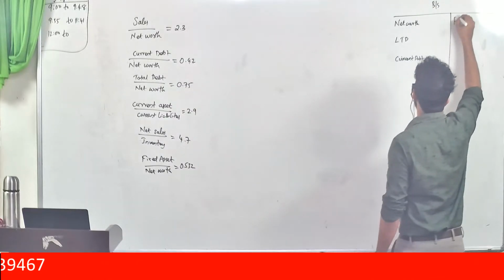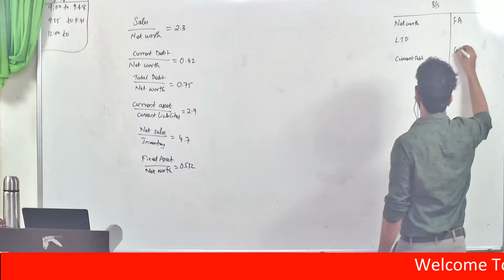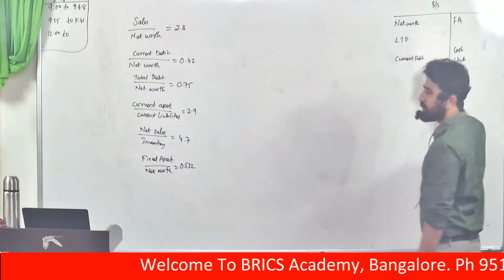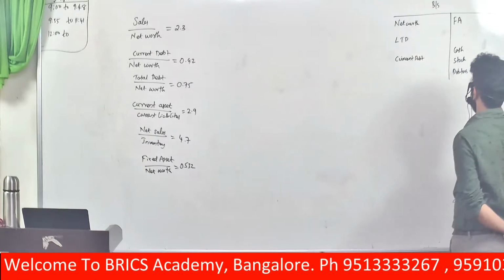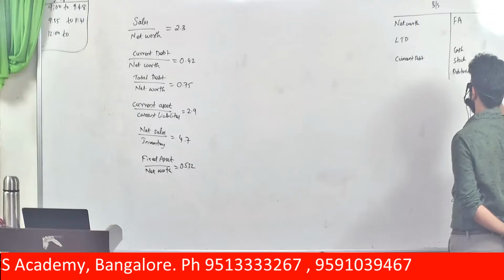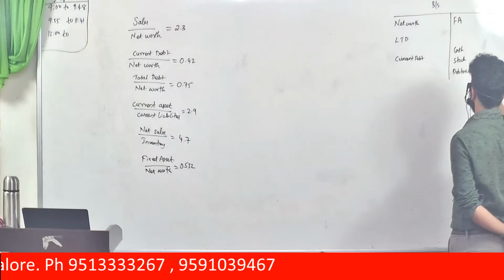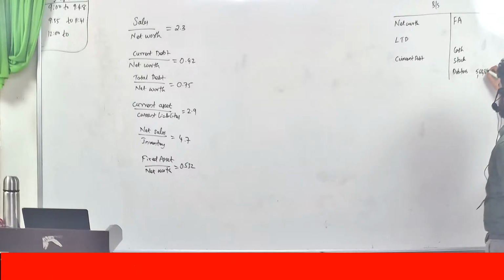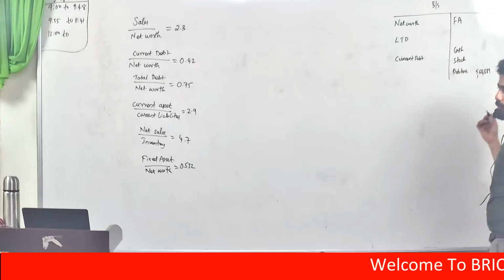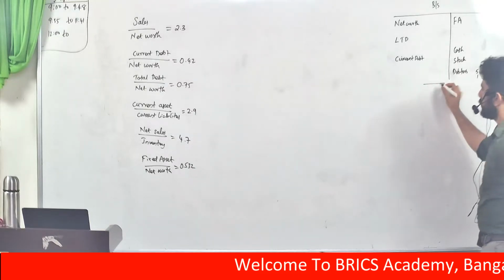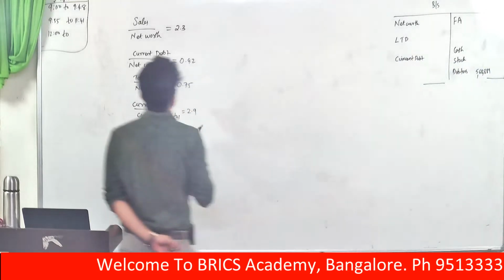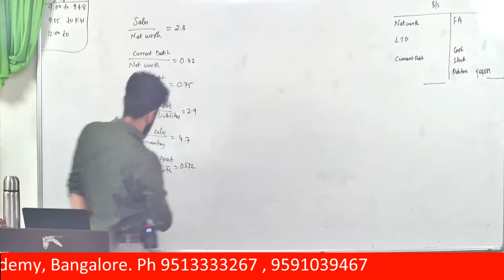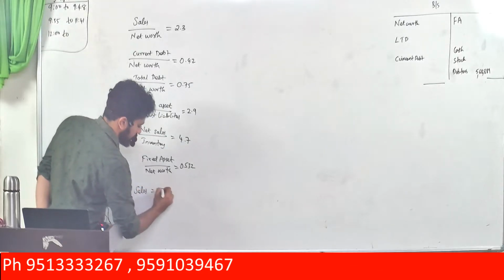Then the stock amount is given, 5,68,889. That's it. And do we have the balance sheet total? No, nothing given. And sales are given, 32 lakhs.